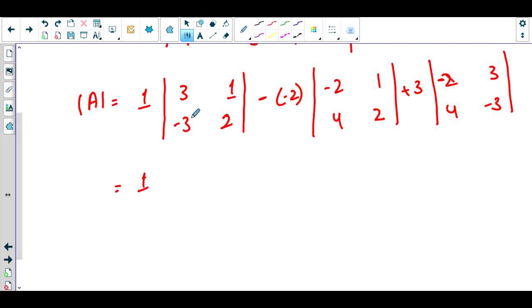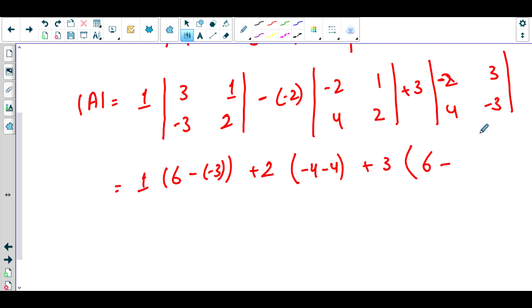This is 1, 3 2s are 6, minus 3 into 1 is minus 3, plus 2 into minus 2 into 2 is minus 4, 4 1s are 4, minus 4, plus 3, minus 2 into minus 3 is 6, minus, from the formula, 4 3s are 12.